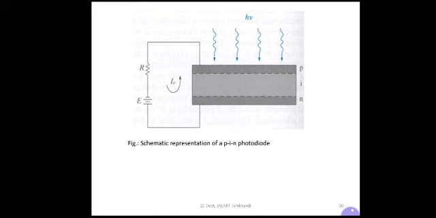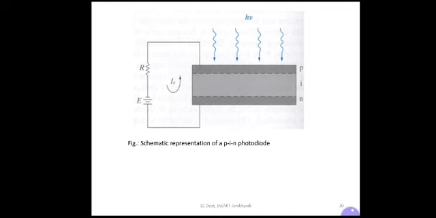Therefore, it is desirable that the width of the depletion region W should be large enough so that most of the photons are absorbed within W, that is the depletion region, rather than in the neutral P and N regions.